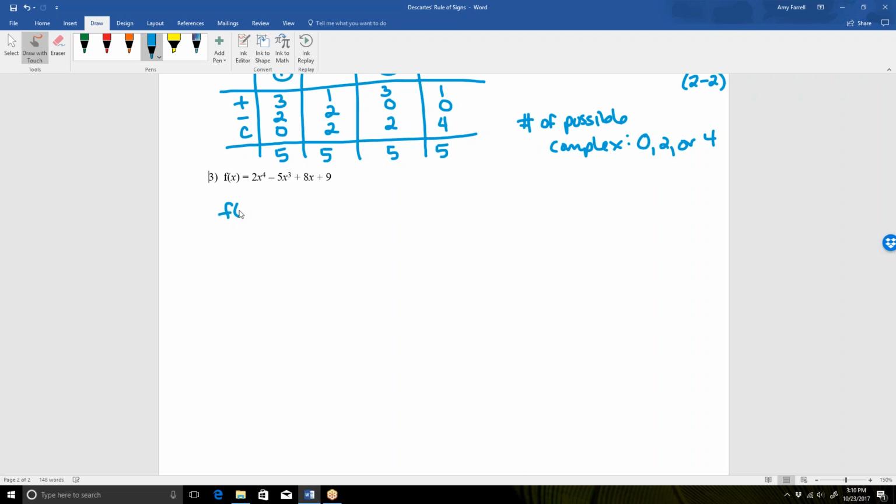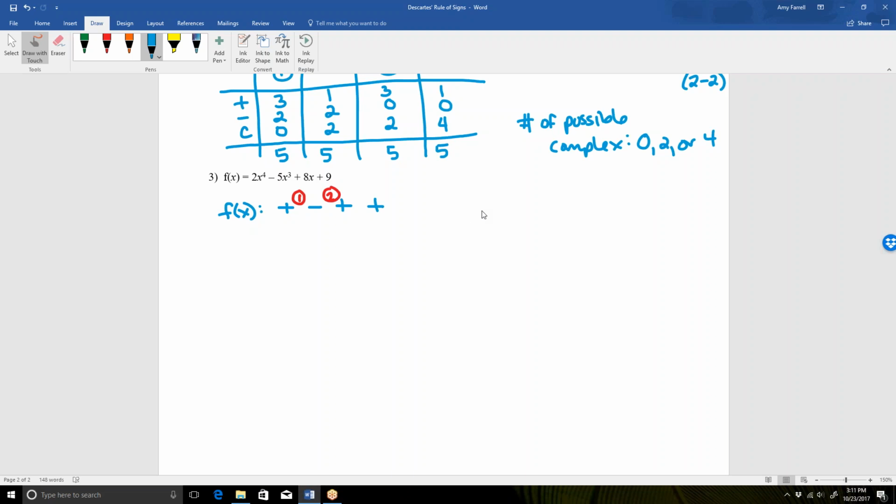First, I'm going to start with f of x. You've got a positive 2, a negative 5, a positive 8, and a positive 9. The number of variations of sign will tell me how many possible positive real solutions I have. Positive to negative is 1 change. Negative to positive is 2 changes. Positive to positive, that's not a change, so there's 2.